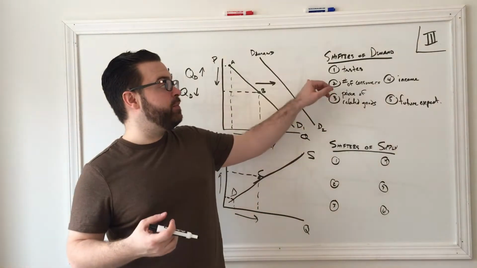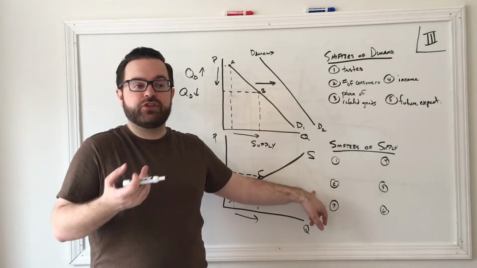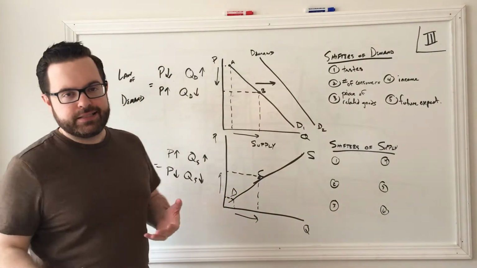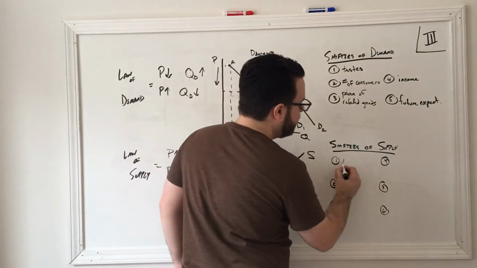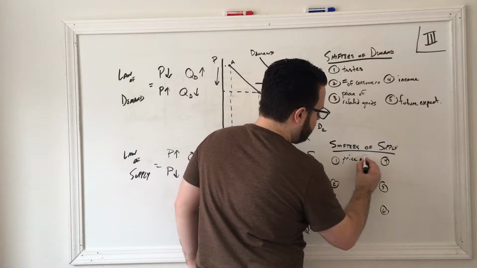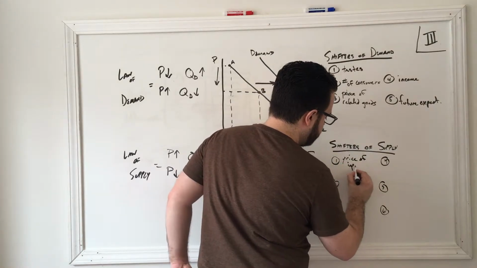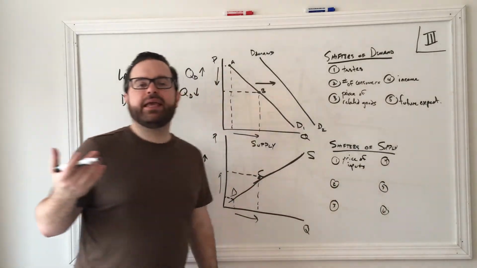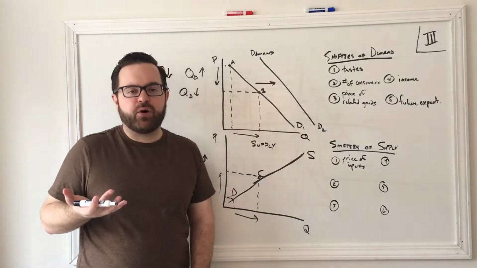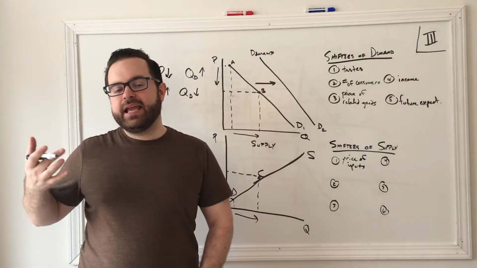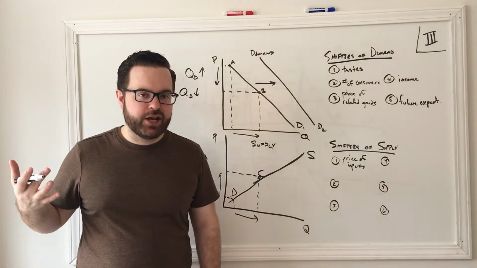Now, just like with demand, the supply curve can shift as well. And in this case, there's actually 6 shifters. The biggest one is the price of inputs. Let's say I'm making baseballs, and I need the red stitching to make the baseballs.